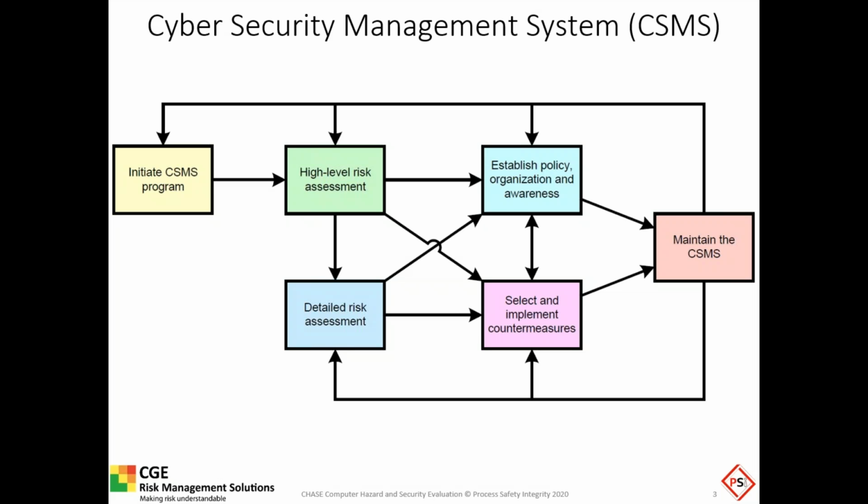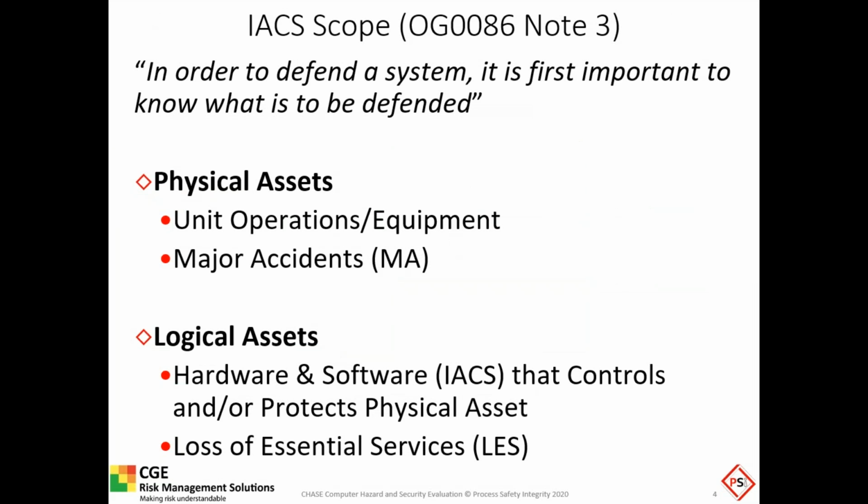So it very much aligns with quality management systems, safety management systems. So making sure that you've got these appropriate measures in place, they stay in place, and you're monitoring their performance.